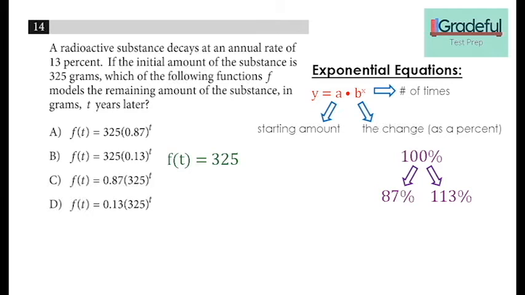Now in decimal form, the 87% would be 0.87, and the 113% would be 1.13. Here, we are decaying at 13%, so that's the 0.87, and so we're going to put 0.87 right here, and t is the number of years, the number of times that this is all going to happen. So the right answer to number 14 is going to be A, 325 times 0.87 to the t power.